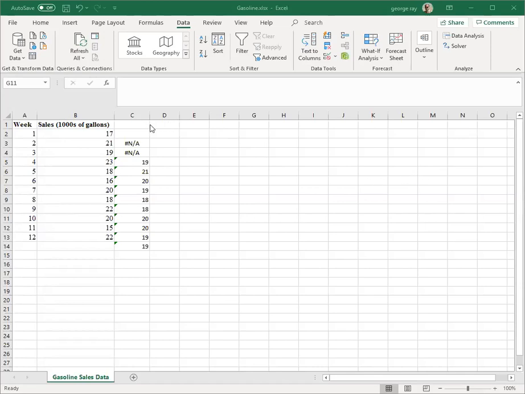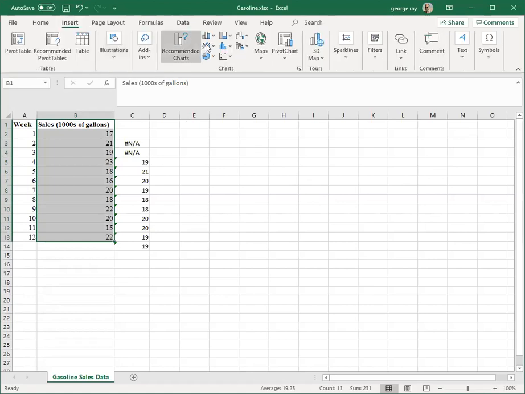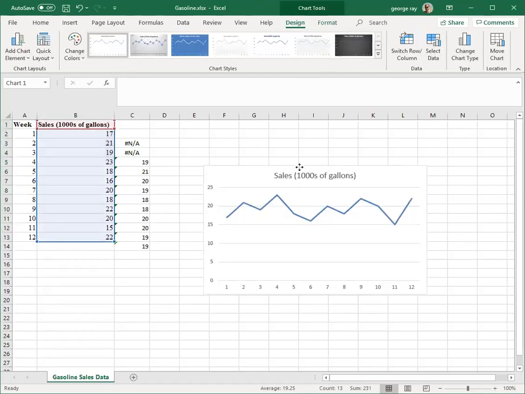Okay, and let's just select column B here and put in a line chart. And I'm going to now add in this data.